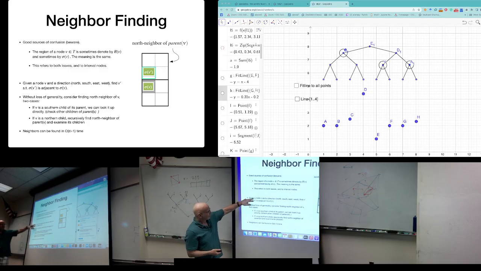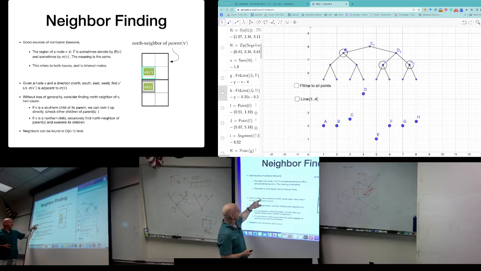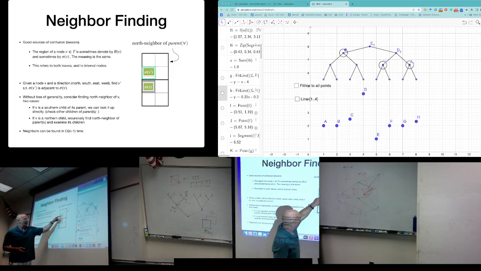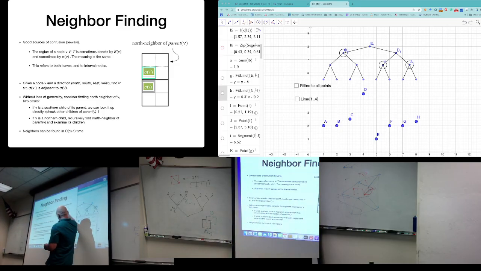I want to say that for node V, you'll show me a direction: up, down, left, right. And sometimes I want to find the node V prime such that V and V prime are in the same level. If they are in the same level, it necessarily means they are at the same distance from the root, which necessarily means that they have the same size.